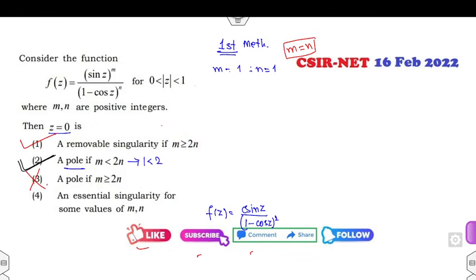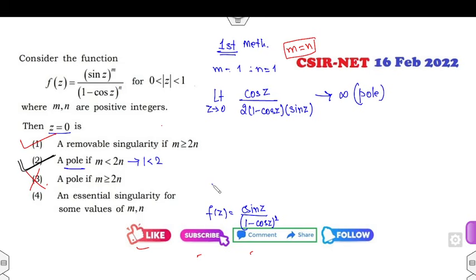Then I can find the limit again. Limit z approaches 0. Again it's a 0 by 0 form. I can apply L'Hopital's rule. It's twice 1 minus cos z into sine z. So clearly cos 0 is 1, so this is 0, so it will go to infinity. That is my pole. Fine.